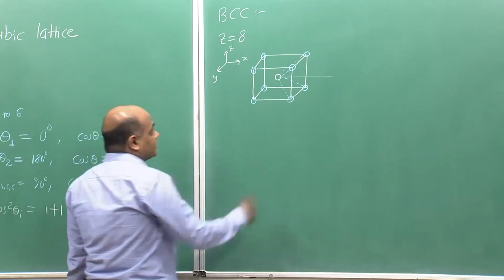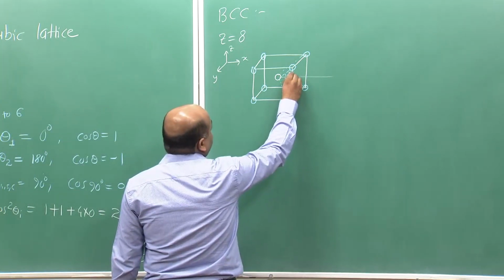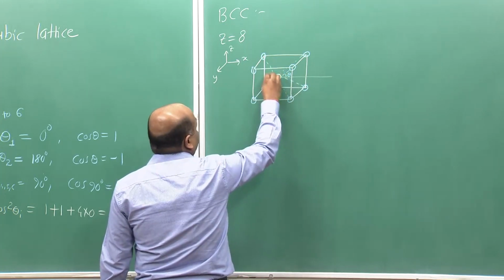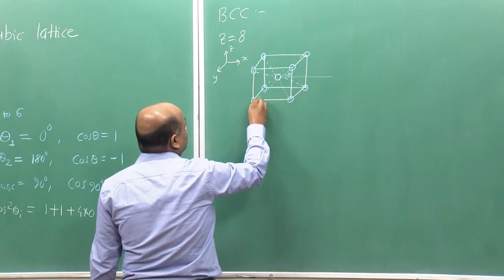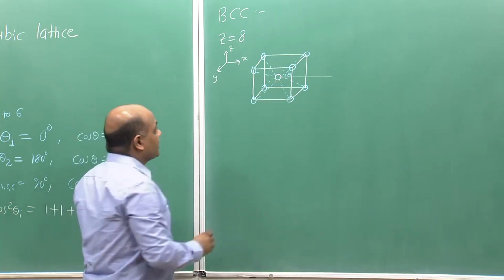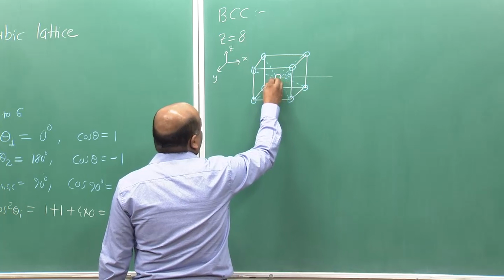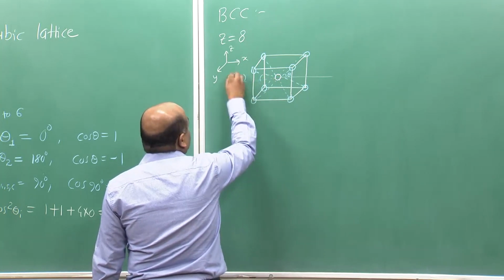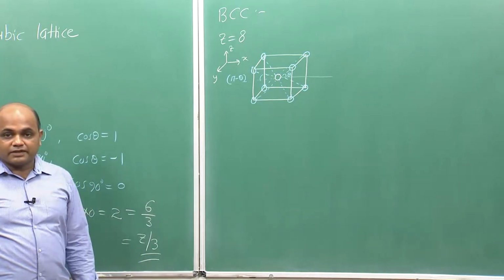Let us call it theta, and there are 4 other jump vectors, and the angle they make with the diffusion direction is, obviously by symmetry, pi minus theta.